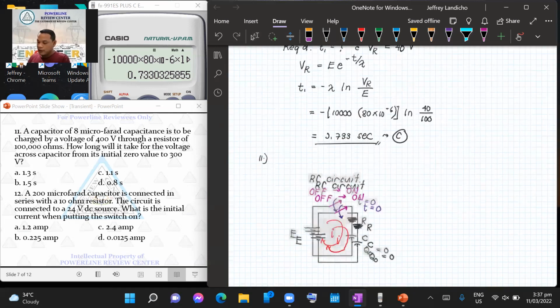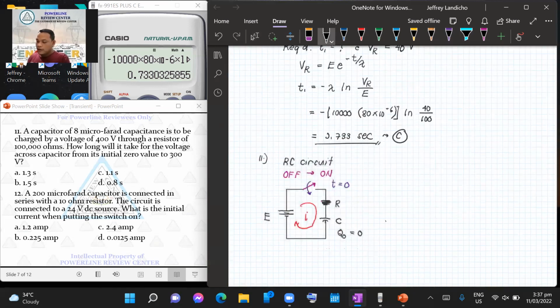Okay, so we have again the same circuit from off position to on position. We know the value of the resistance in series with this capacitance, 100,000 ohms, and the capacitance that is 8 microfarad, which is initially discharged. At time equal to 0, it is connected to our source voltage, which is 400 volts.